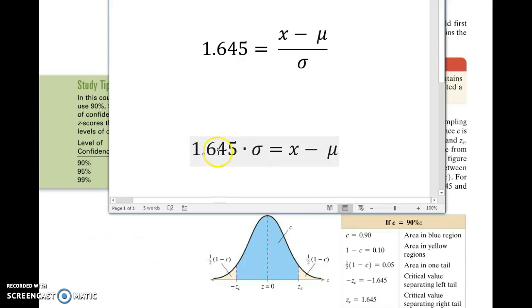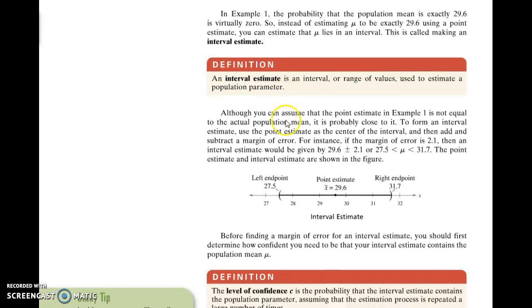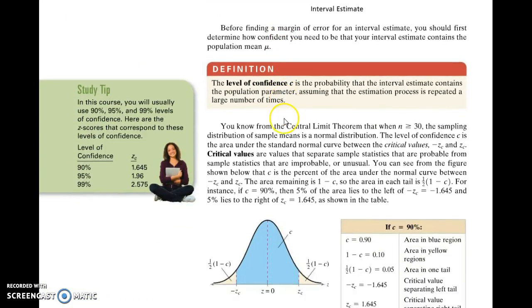Now, does this look familiar? The z-score multiplied by the standard deviation. That's the exact definition for what our margin of error is going to be. So our margin of error, again, is the distance from our cutoff points here to the mean in the middle, which, again, reminder, is our population mean.